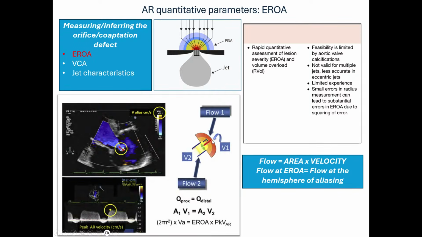So the EROA is the third key parameter to try to infer or measure the orifice area. And as you know, we do what we call a proximal isovelocity surface area, where you shift the baseline in the direction of the jet, and you try to form, or more accurately, demonstrate a hemisphere of flow, of the flow convergence.